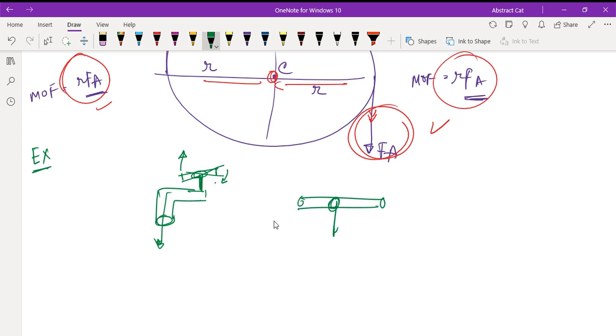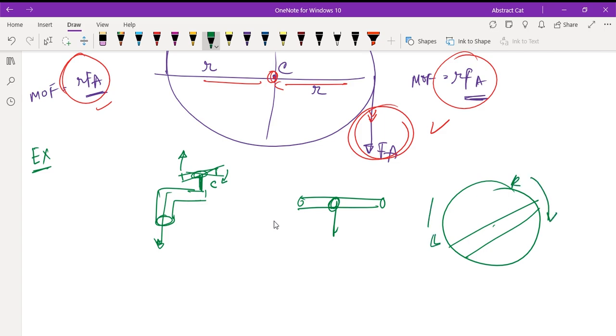Steering is also a very good example. With the right hand down and the left hand up, the object goes in that direction, or vice versa. That is similar here. This is a couple, meaning two moments of force are applied.